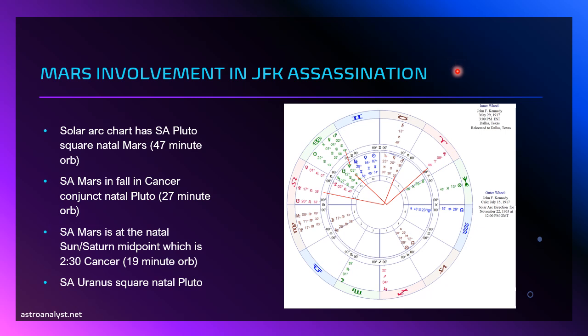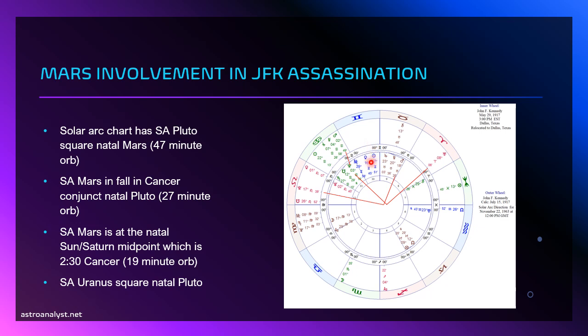We treat the birth chart as progressing a year based on the next day in the ephemeris. So the next day of the ephemeris, which would be May 30th, the day after Kennedy was born, you'd see his natal Sun move from 7 degrees Gemini to 8 degrees Gemini. And that's the same thing in solar arc. You'll see a move of 1 degree for the Sun every year.